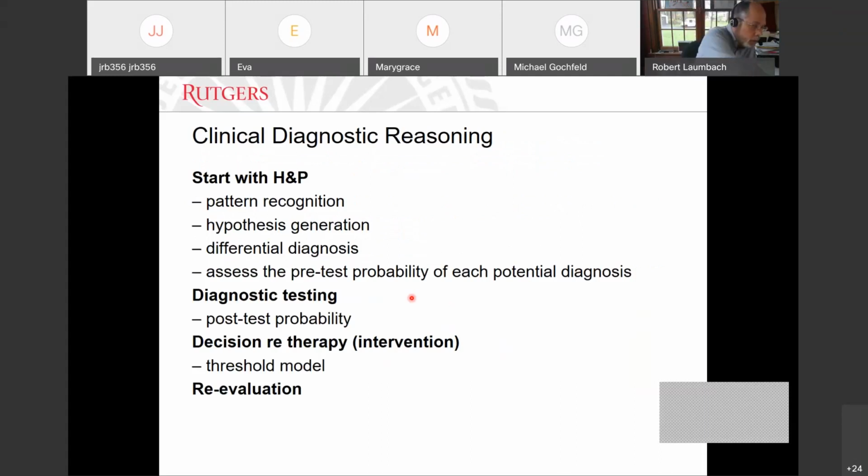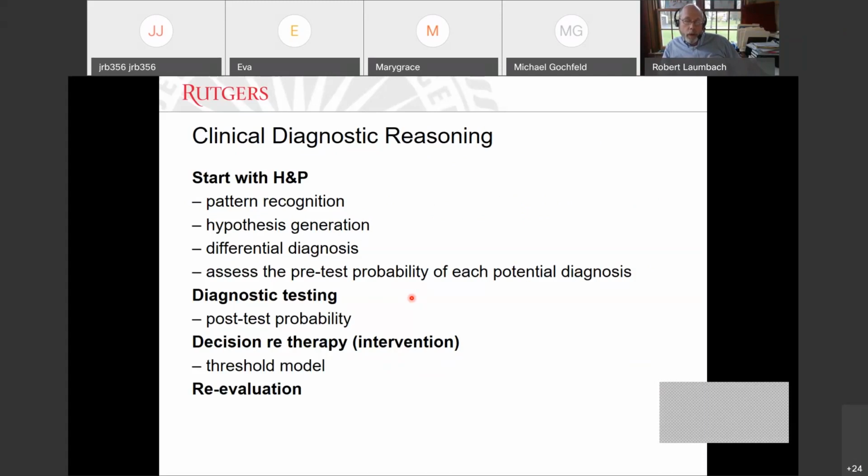So we typically don't rely on single tests to make diagnoses, and that's a good thing. We start with what's often called pattern recognition, where we can sometimes instantly recognize a likely diagnosis. But then we may also be more thoughtful and generate hypotheses and a differential diagnosis.